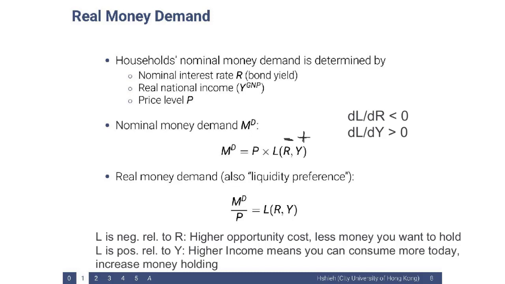So let me again summarize the relationships in this model. L is negatively related to R: higher opportunity cost, less money you want to hold.